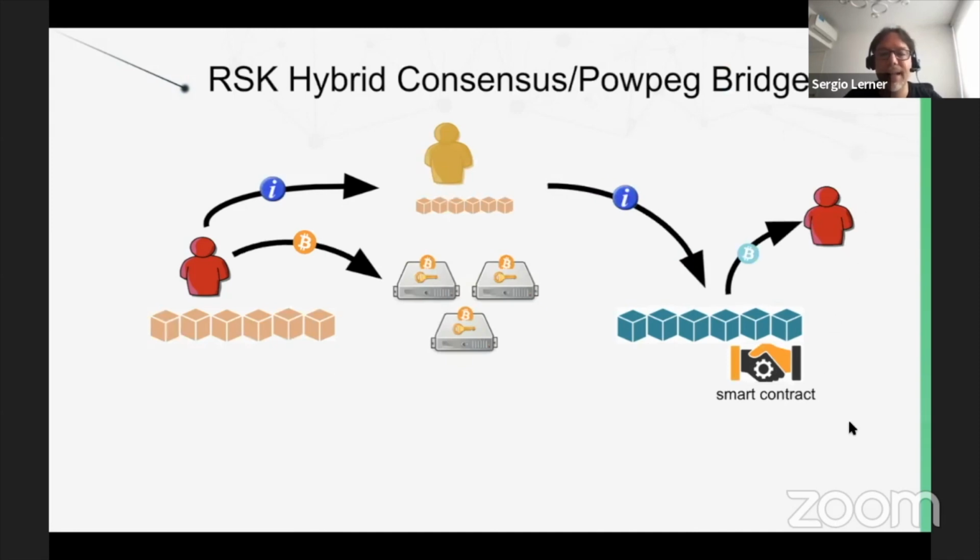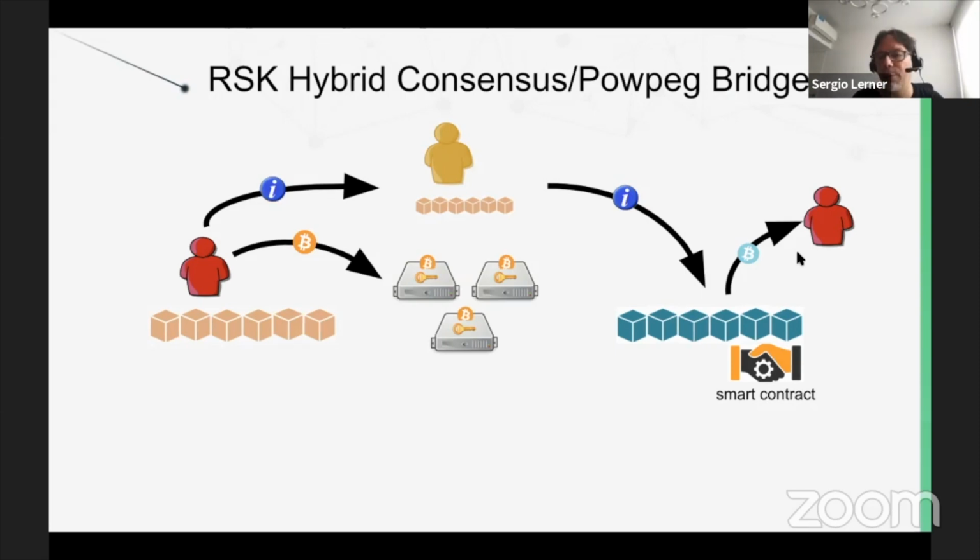The fact that this is a hybrid POW-PEG is very interesting, because when you do a peg-in, you actually send the funds to the devices, but the peg-in process is fully decentralized. So you can send this information about the blocks that confirm your payment or your transfer into the smart contracts in the Rootstock blockchain, and those smart contracts will issue the smart Bitcoins, the RBTC, for you.